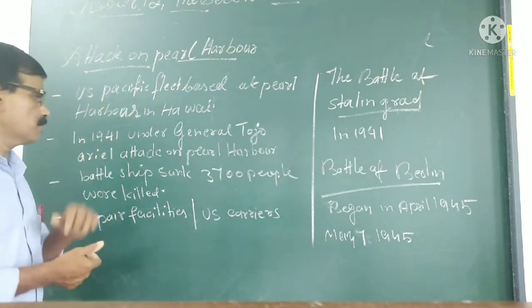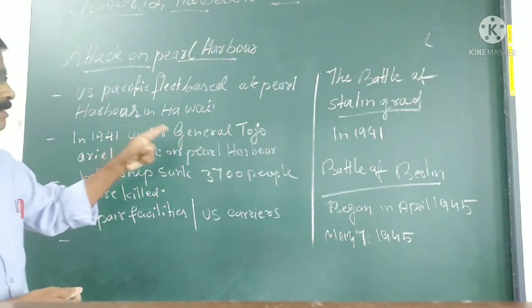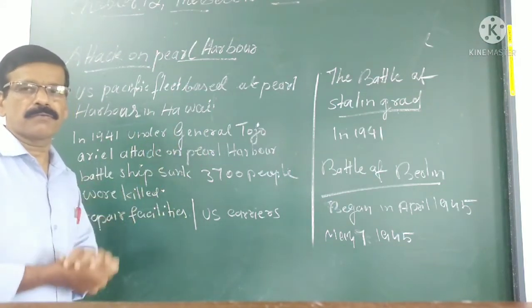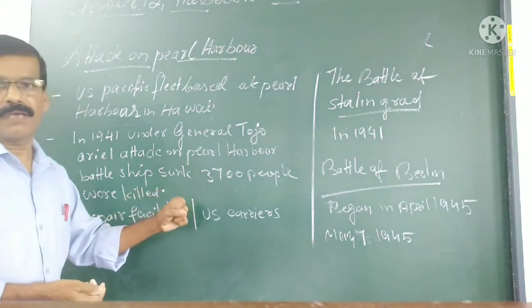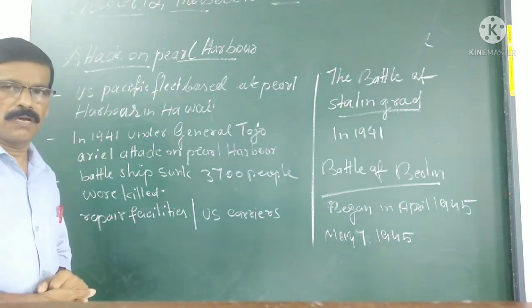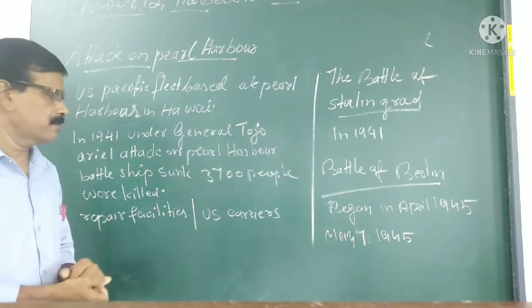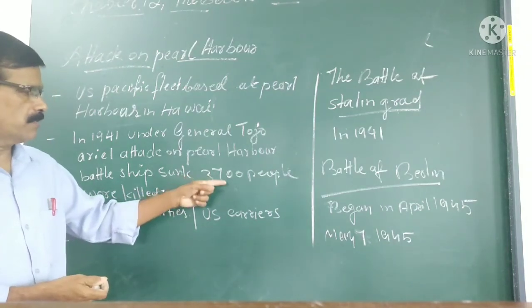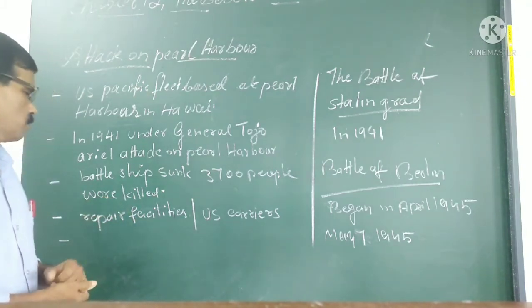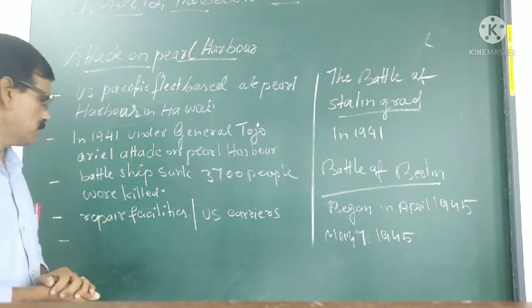In 1941, under General Tojo's guidance, Japan ordered an aerial attack on this Pacific Fleet. It is reported that 3,700 people were killed in this attack. So the US took it as a very serious matter.